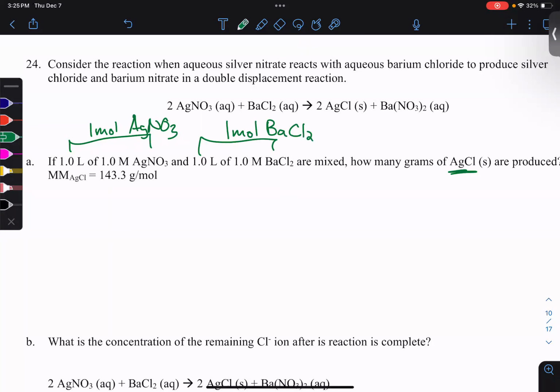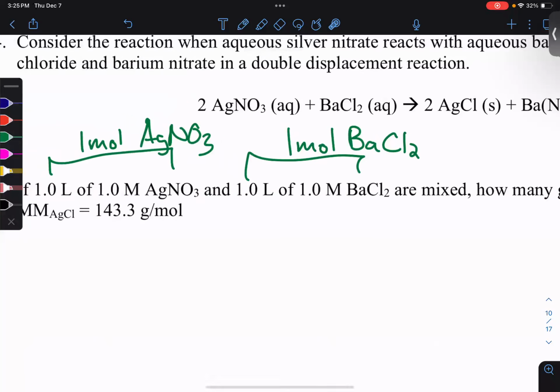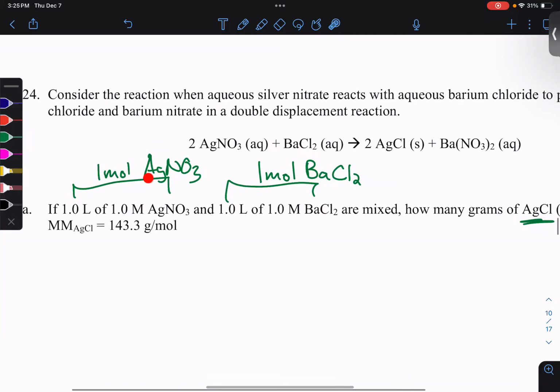So if you look at this balanced chemical reaction, you consume silver nitrate twice as fast as you consume barium chloride. Which one of these reactants is going to run out first? The silver nitrate's going to run out first. So silver nitrate is limiting or in excess? Limiting, right? And so that means if silver nitrate is limiting, I'm going to consume all of that silver nitrate.